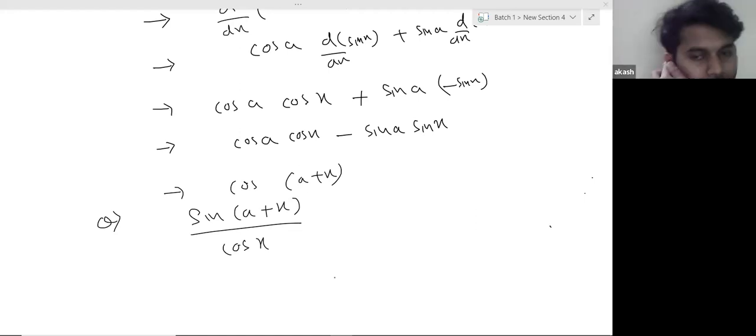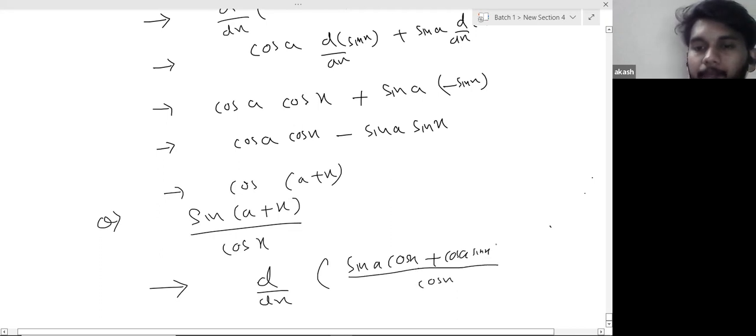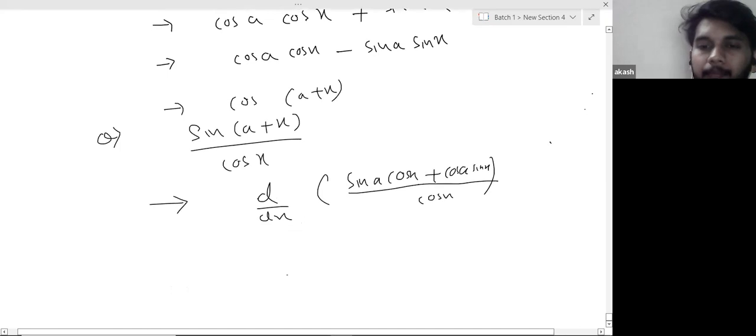Solve this one. See, similar question, differentiation of this. Open this up. So this is sin A cos x plus cos A sin x, whole divided by cos x, right? What this will become is d by dx of sin A into cos x by cos x, so this is sin A only, plus cos A sin x by cos x, that is tan x.